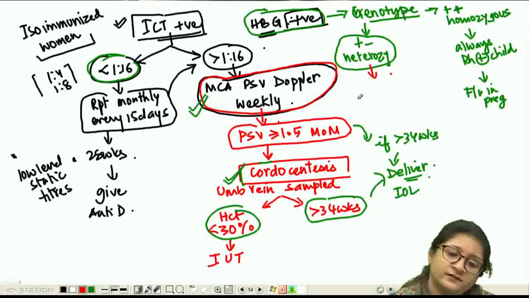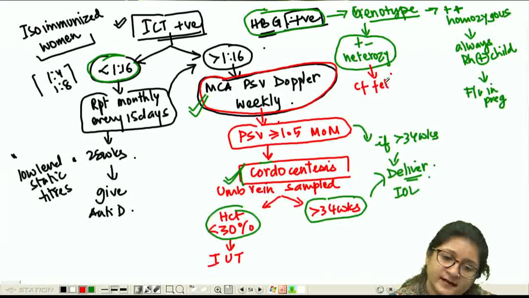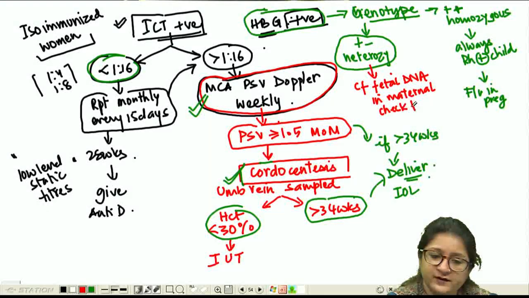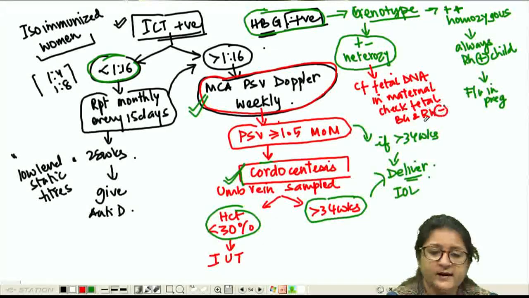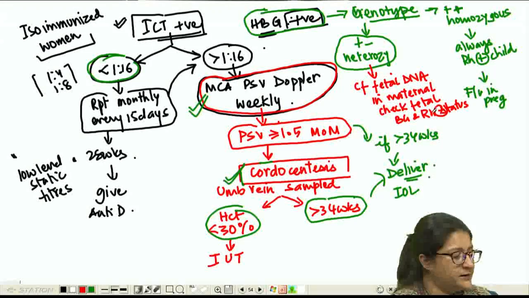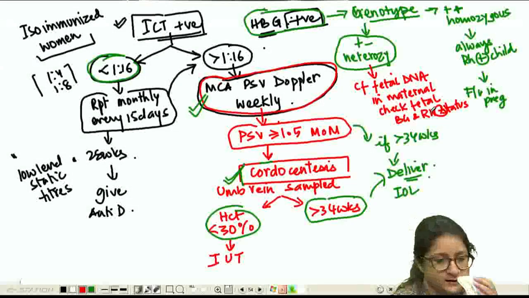So cell-free fetal DNA testing can be done in the maternal blood to check the fetal blood group and Rh status, and we monitor only those pregnancies in which the fetus comes out to be Rh positive, and leave the Rh negative ones without such extensive monitoring.